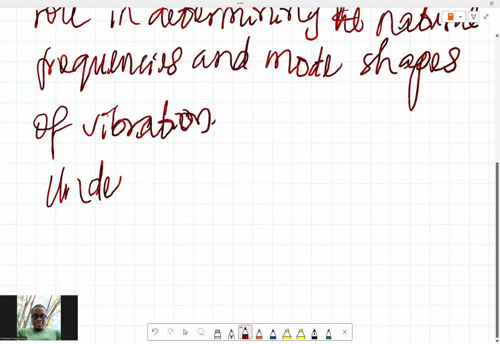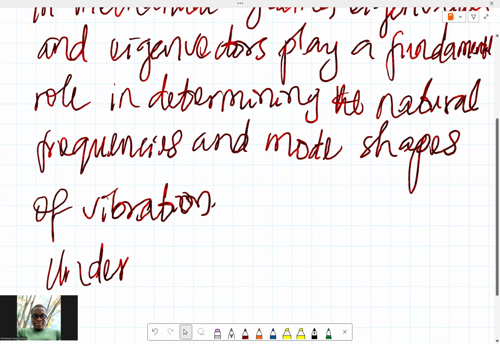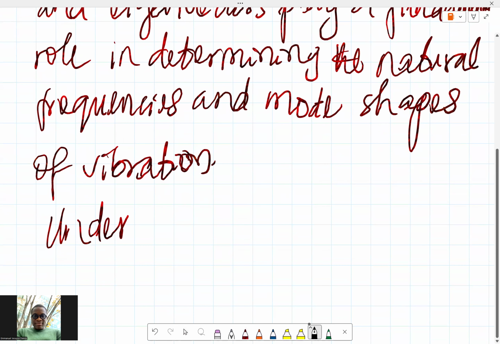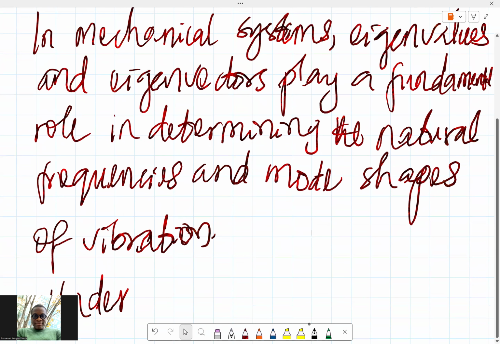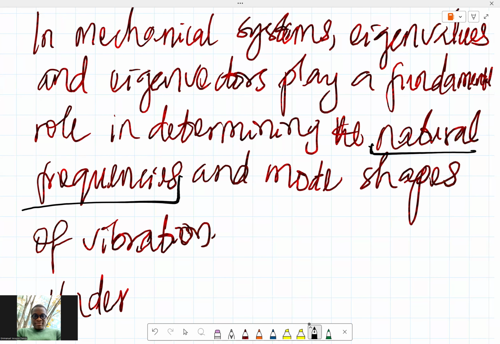Understanding these properties, natural frequencies as well as mode shapes, are key concepts.